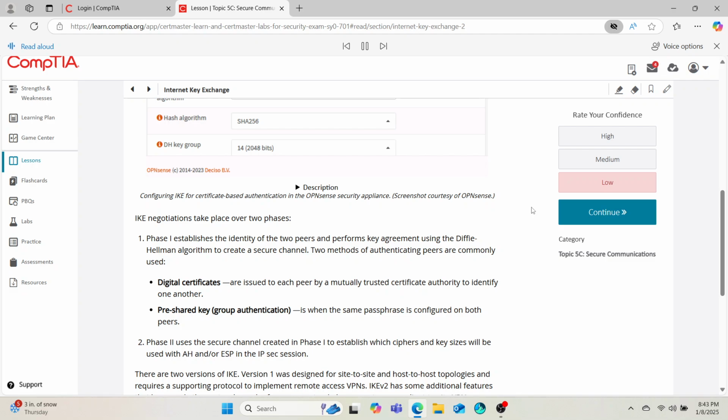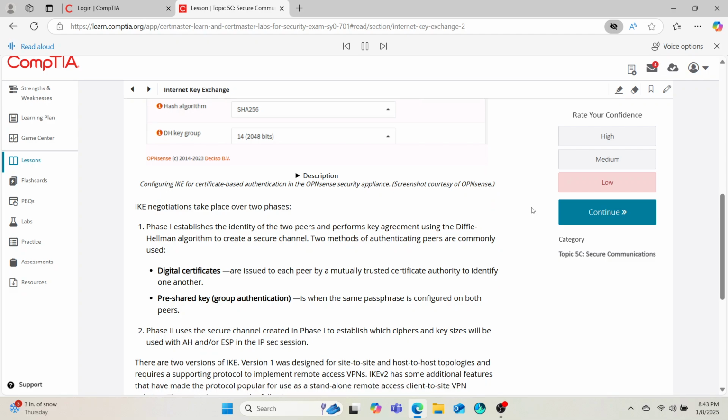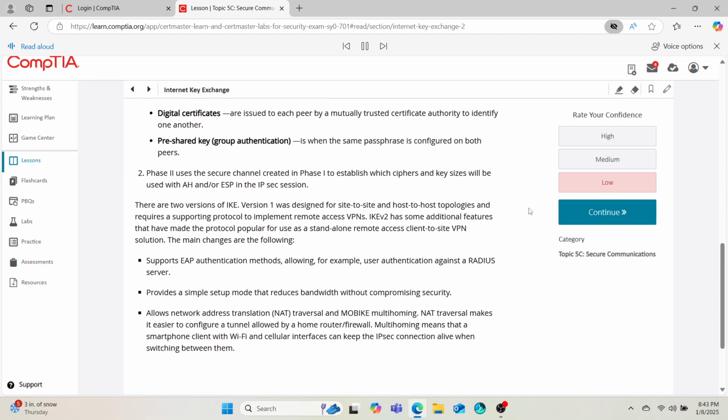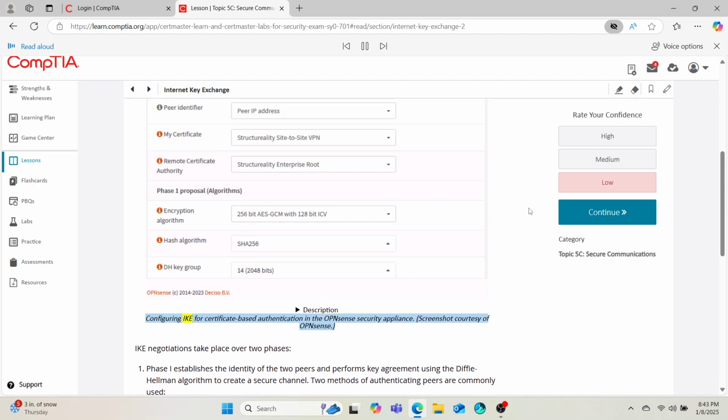The fields under the head Phase 1 Proposals, Algorithms, are as follows: Encryption Algorithm, 256-bit AES-GCM with 128-bit ICV. Hash Algorithm, SHA-256. DH Key Group, 14 2048 bits. Configuring IKE for certificate-based authentication in the OPNsense security appliance.